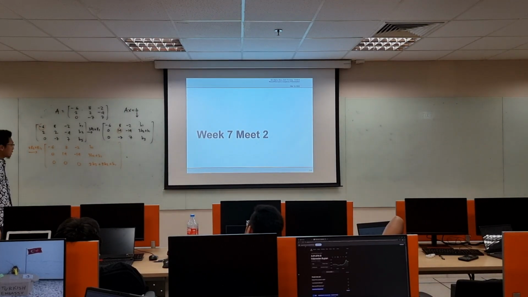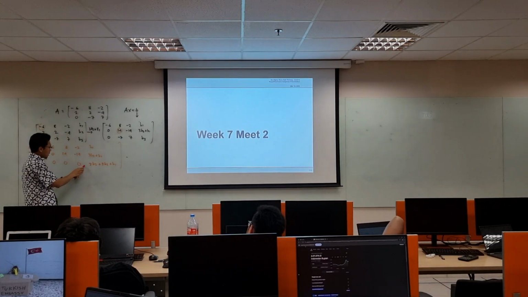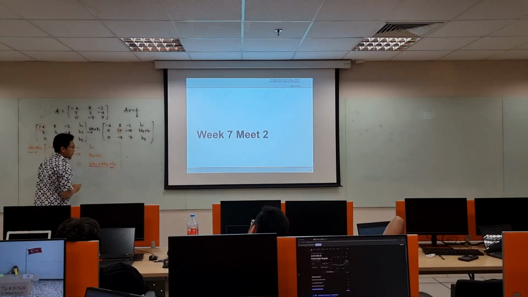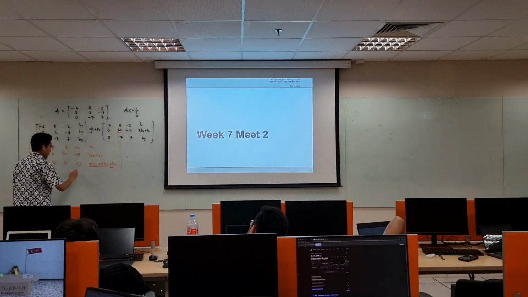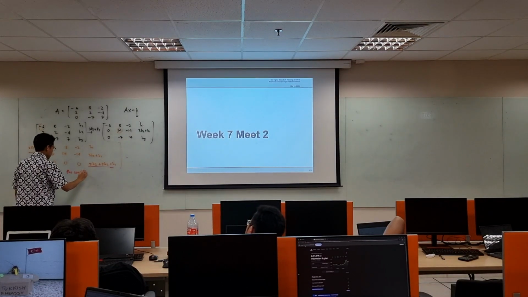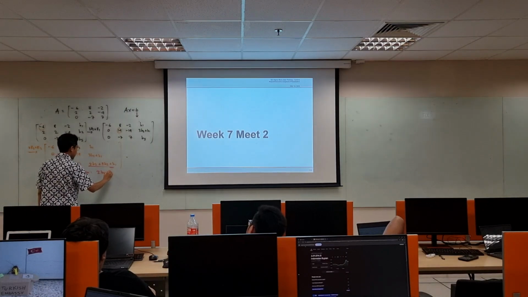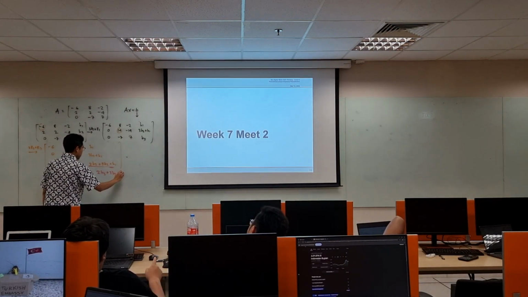So what do we want? We want this to have a solution, so 0 times x3 must be 0. That means this part must be 0. The condition is 2b3 plus 3b2 plus b1 must be 0.